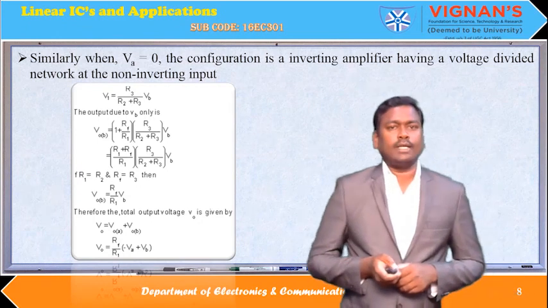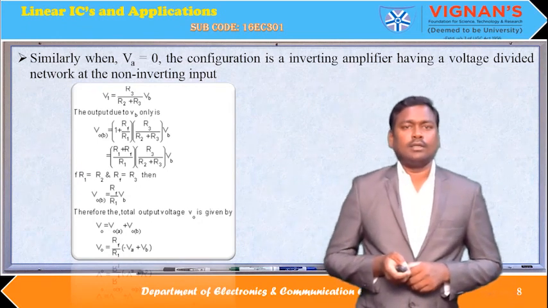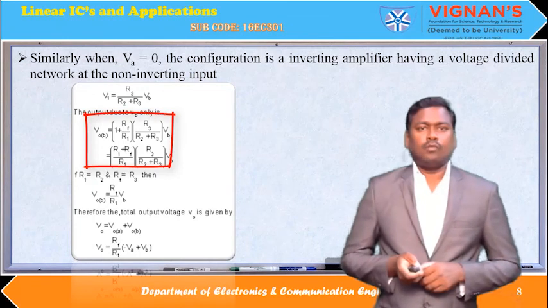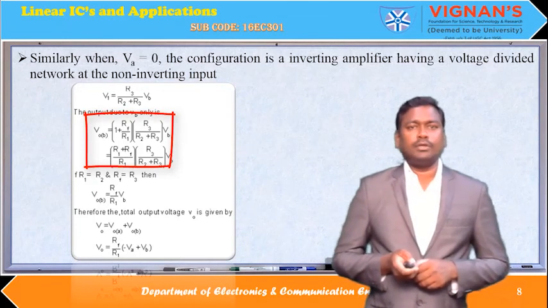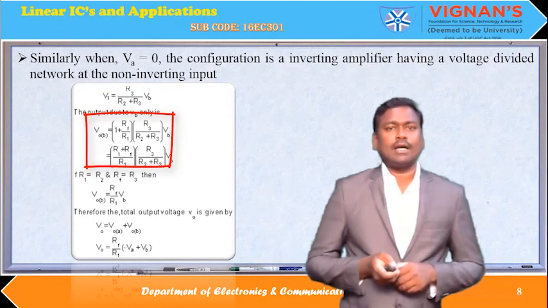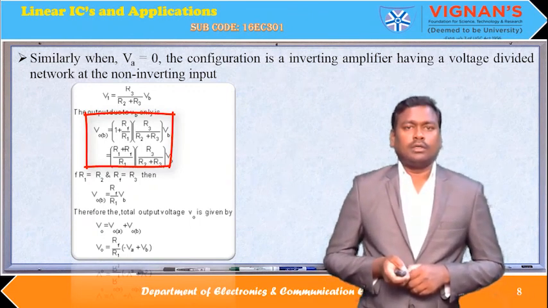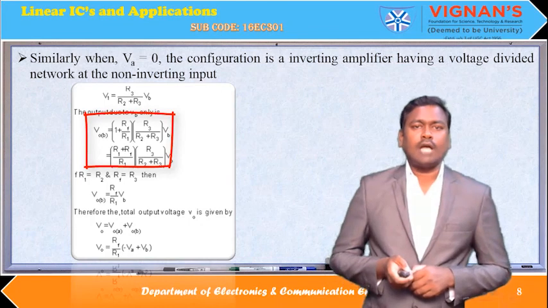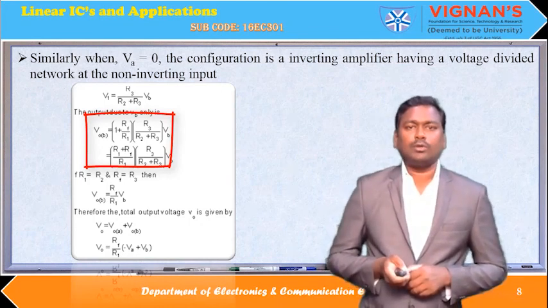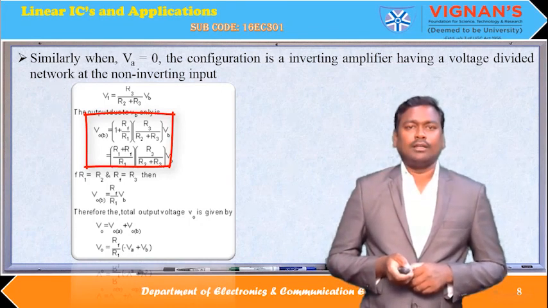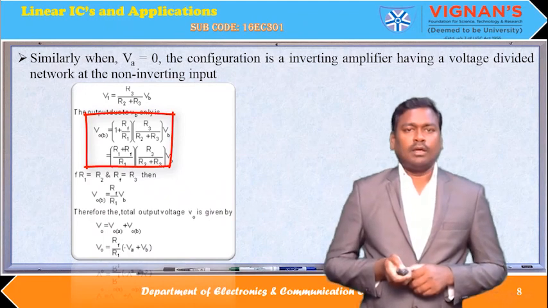So the output voltage due to VB only is 1 plus RF by R1 into R2 by R2 plus R3 into VB. It can be written as R1 plus RF by R1 into R2 by R2 plus R3 into VB.